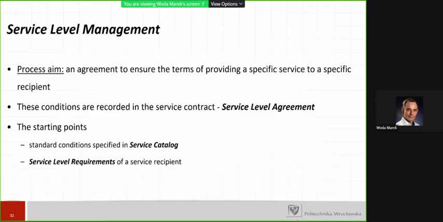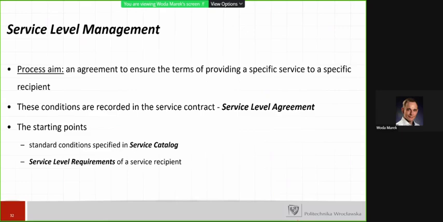We can read in the agreement that if it's down, we can reach the provider over the phone or a specific form, and the provider will guarantee that the issue will be resolved, let's say, within 24 hours. It also guarantees that this internet connection will have, let's say, upload speed up to 100 megabits and download up to 500 megabits.